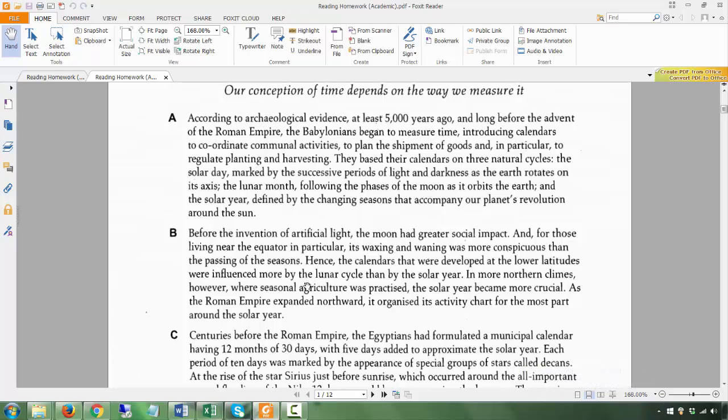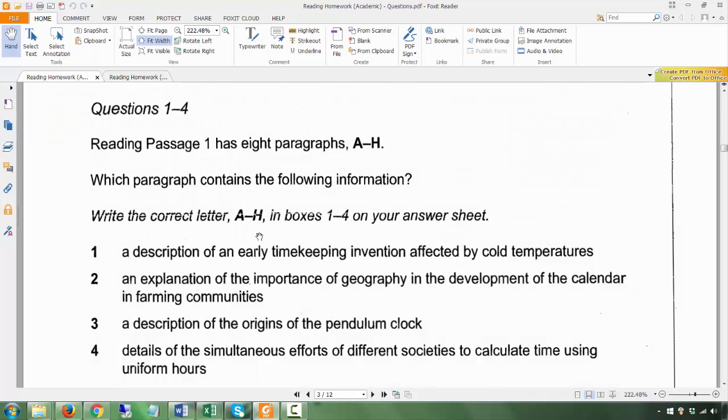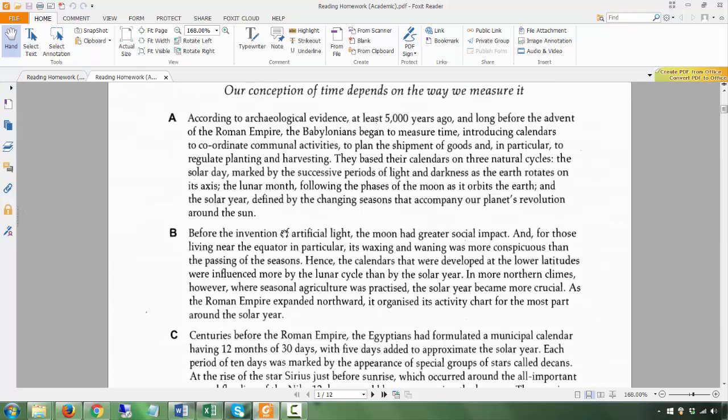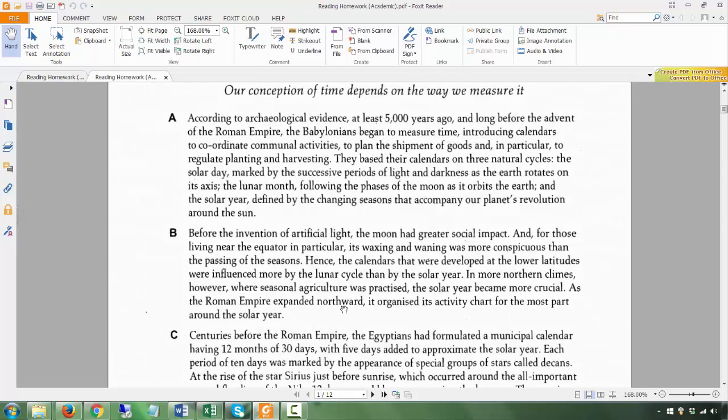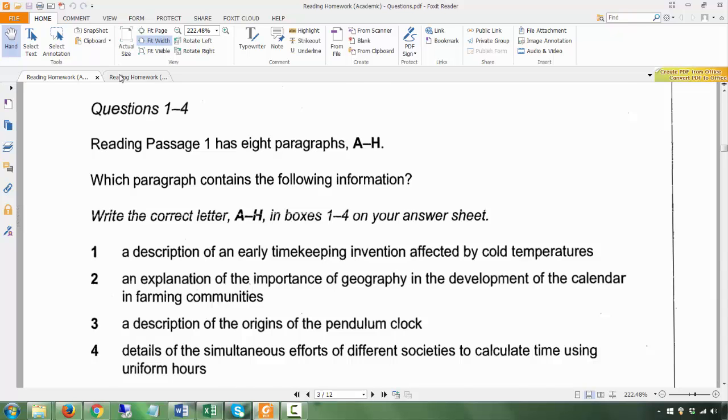You have to understand that, as I mentioned, not every single part, but the key points are definitely going to be somewhere in the text. So straight away, as I look at this question, I look at farming communities. I know that somewhere there's going to be something about farming, okay? So there's agriculture. And importance of geography.